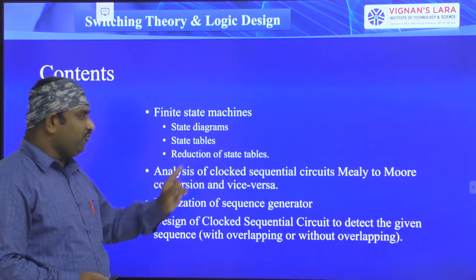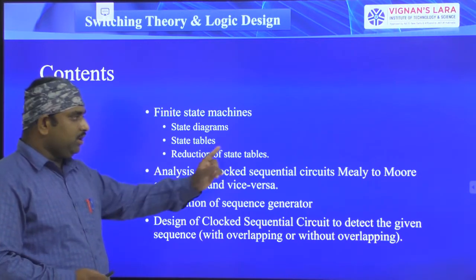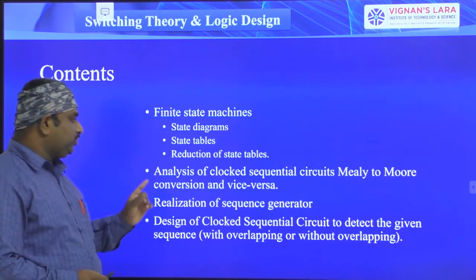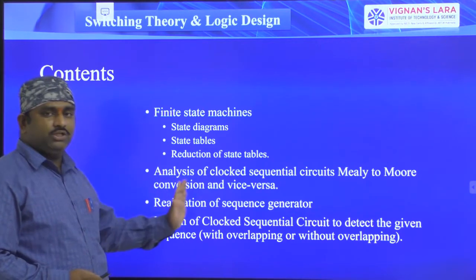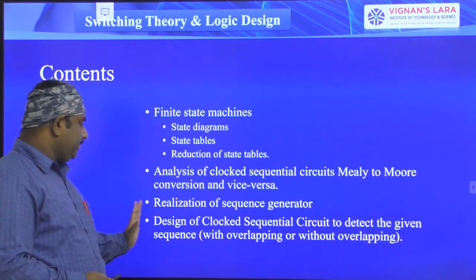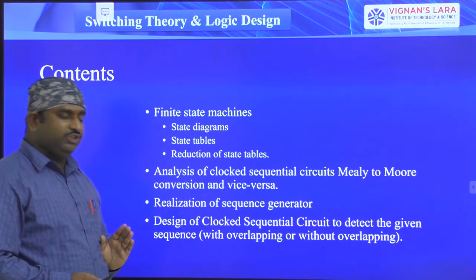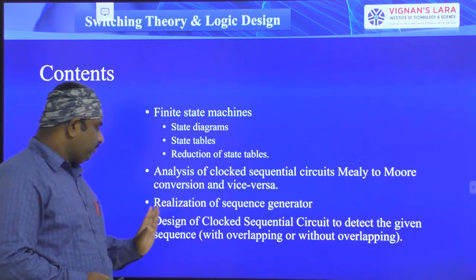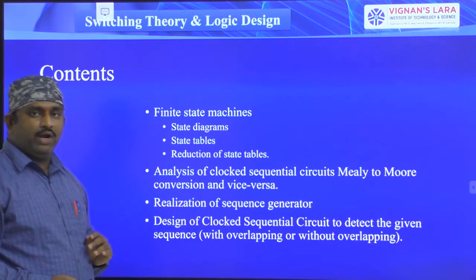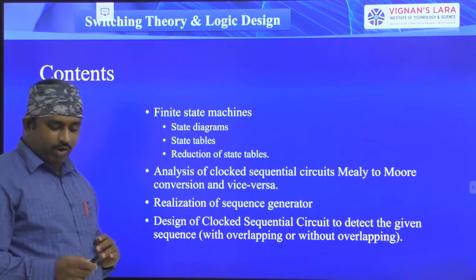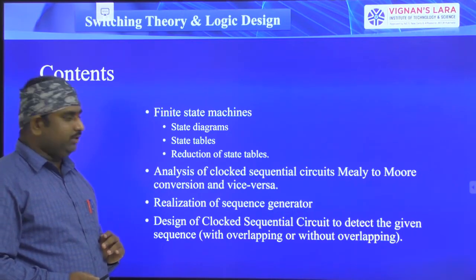Next, analysis of clocked sequential circuits, Mealy to Moore conversion, and vice versa. And realization of sequence generator, design of clocked sequential circuit to detect the given sequence with overlapping and without overlapping. These are the topics we are going to discuss in this unit.